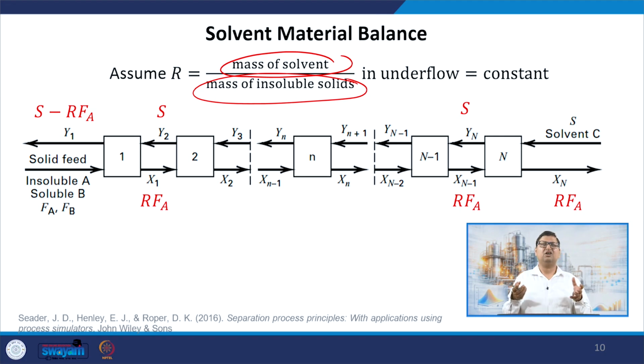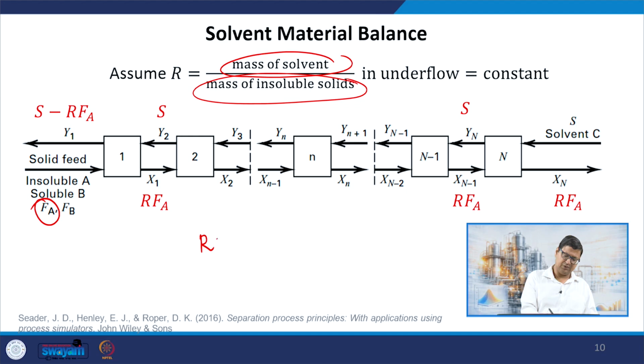It is a measure of some sort of solubility or absorption capacity of the solid feed that is coming in, and mostly the insoluble component, because it is basically retaining some water along with it, right? So an insoluble component anyway is not going in the overflow, so the insoluble component remains constant, that is my Fa.